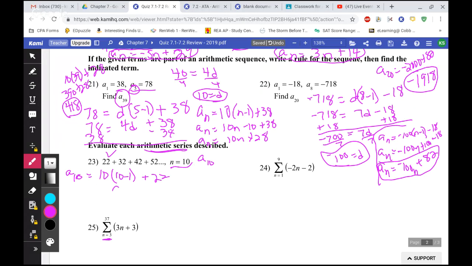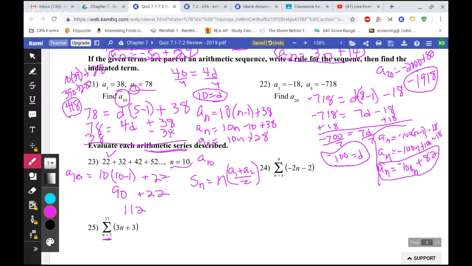It's all good, Miss Sparks. But I'm just going to work these quickly. So your value is 112. Then your summation formula is S sub n equals n times A1 plus A, and I'll just say L, over 2.